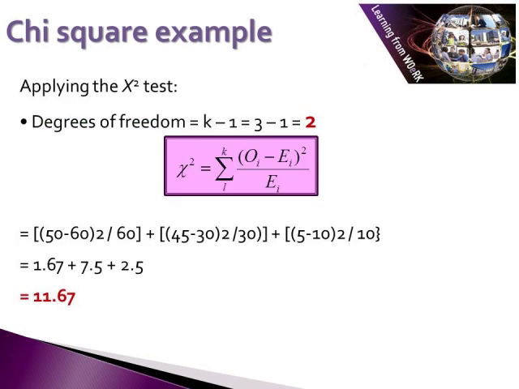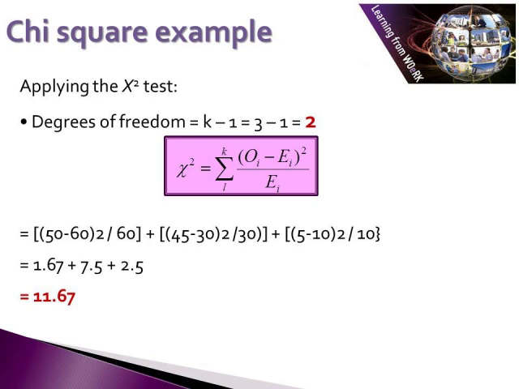Now we can apply the test to our sample. The first thing we have a look at is our degrees of freedom. That is 3 minus 1, which equals 2, with 3 being the number of possible categories, primary, secondary and tertiary, the industries in which people could be, minus 1, which gives us 2.